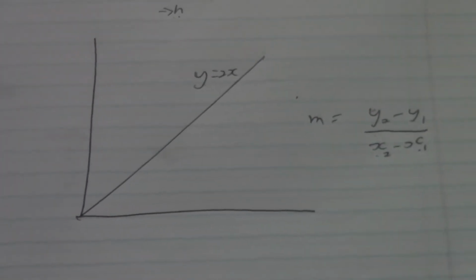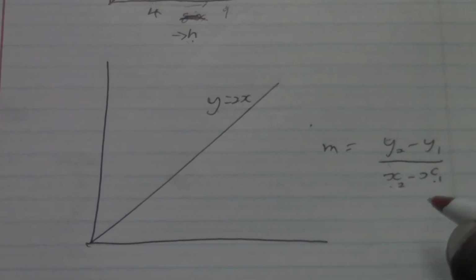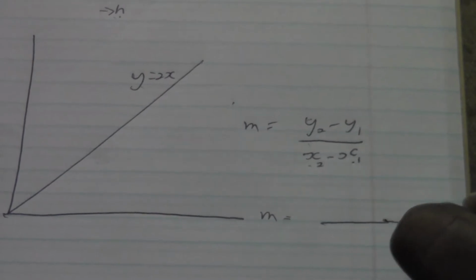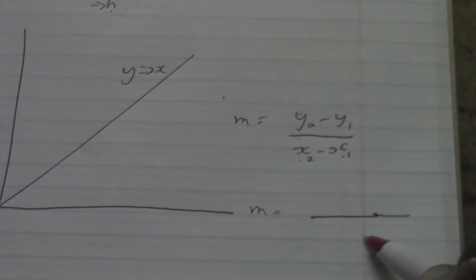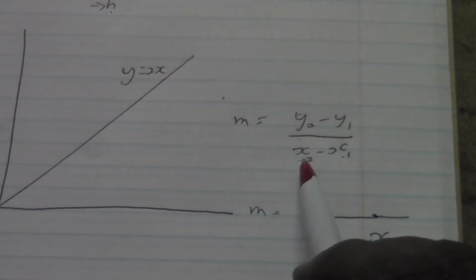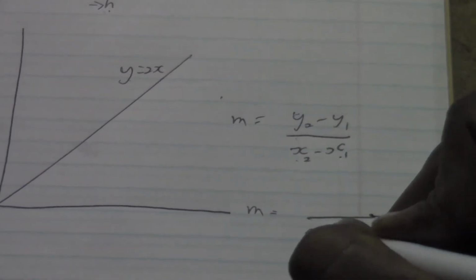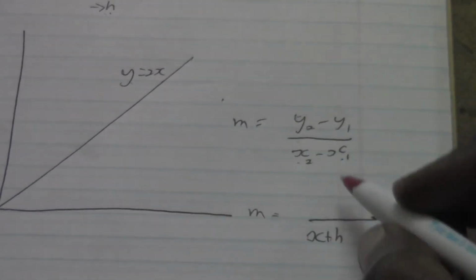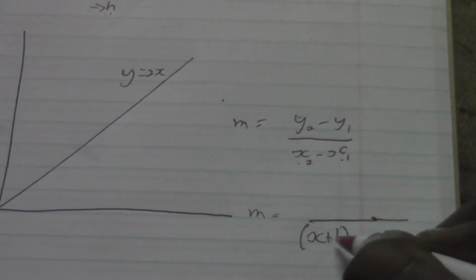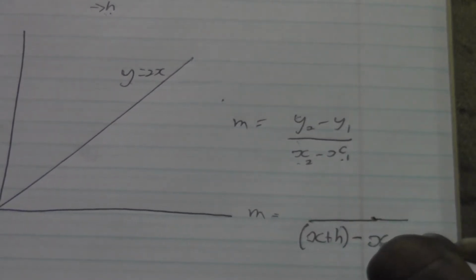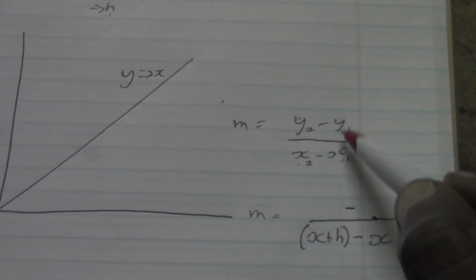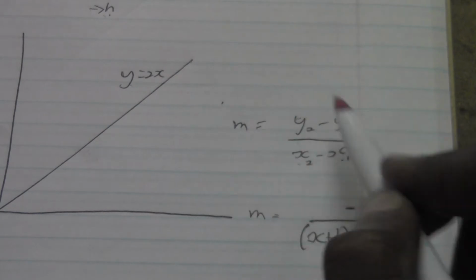Good. So how are we going to write it using this? We write in this equation x2 minus x1. The first x, x1, we just call x, because it's the x we chose. This next x is the first x plus whatever increase we decide to give the x. So this is now x2 minus x1. y1 is 2x.